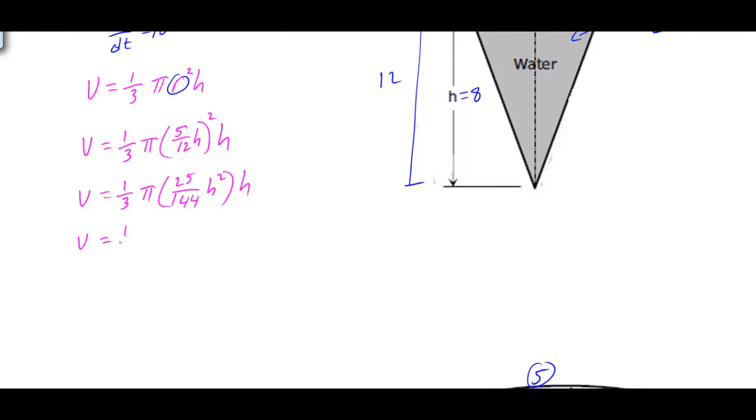Now I'm going to leave the 1/3 out front, and you'll see why in just a little bit. And then we'd be left with the 25 pi over 144, and H squared times H would give us H cubed. Okay, so this is probably simplified far enough.